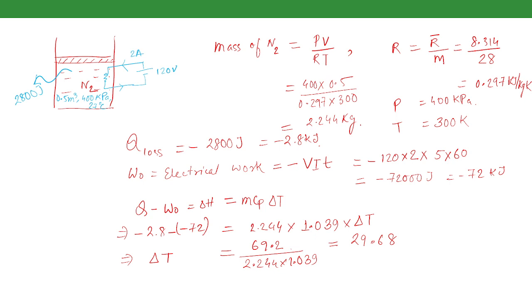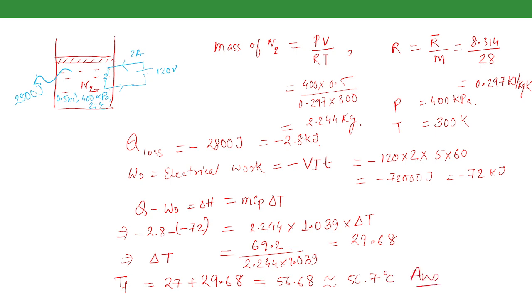So the rise in temperature is 29.68 degrees. So the final temperature is 27 degrees plus 29.68, which comes out to be 56.68, nearly equal to 56.7 degrees Celsius.